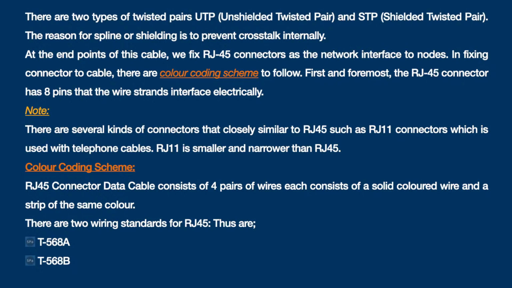Now, why shielded? Because there is a limitation to UTP. UTP, as unshielded twisted pair, does not prevent what we call crosstalk.